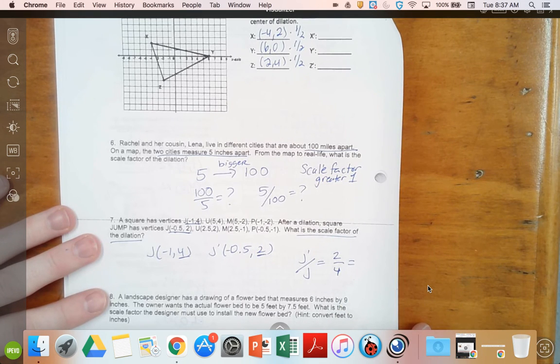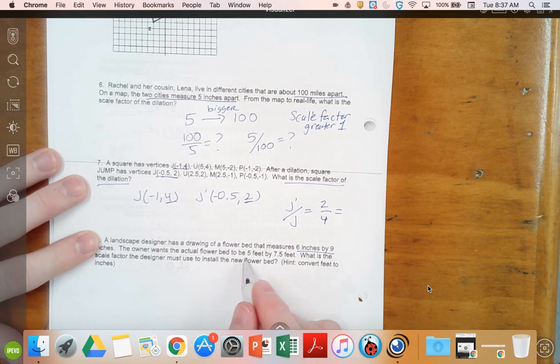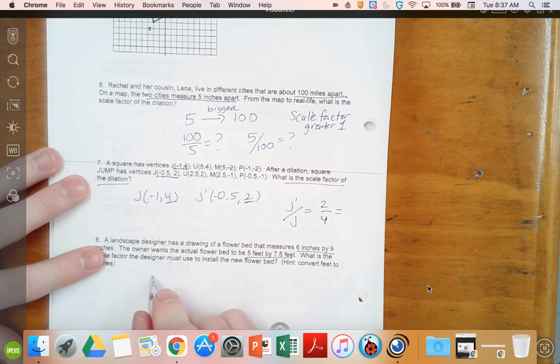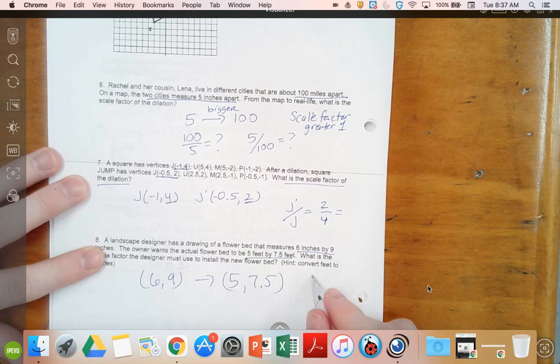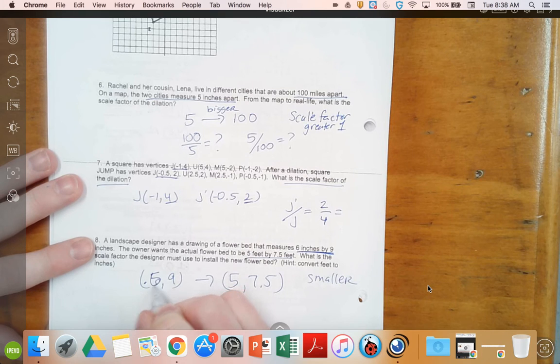Next one down here, I have a 6 by 9, and I want it to be 5 by 7.5. So I'm going from the 6 by 9 to a 5 by 7.5. Actually, I'm getting bigger here in this case because this is inches.